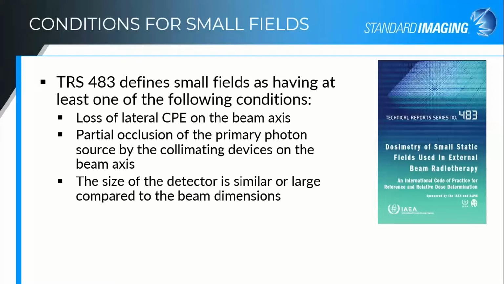That's usually the easiest one to know about, but also the one that sometimes surprises people, especially when measuring very small fields. Your detector is nearly the size of your field, and that makes a very large difference in the corrections that are required.